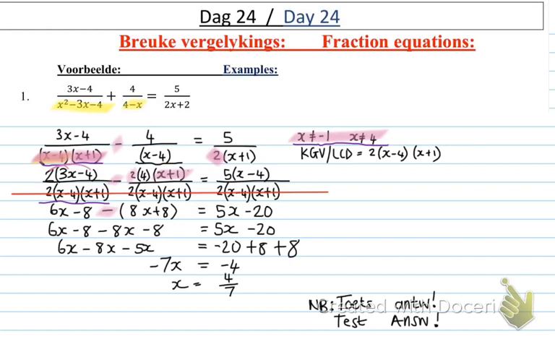But what I can do is take this 4 over 7 and put it into the equation with my calculator, and in all the places of x I put 4 over 7. Then I have to check if the left hand side and the right hand side give me the same answer. I always test my answer. In this case, the answer will work.